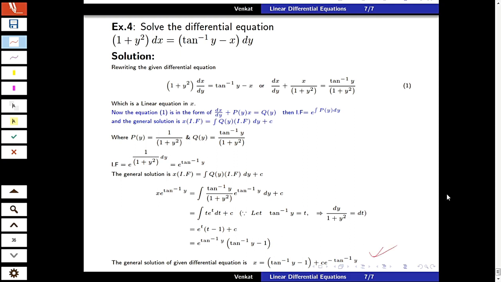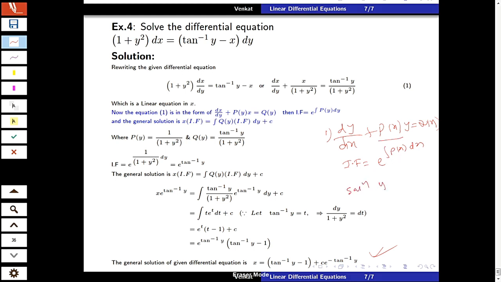That's all about linear differential equations. Remember, the form dy by dx plus p of x into y equal to q of x is linear in y. Remember this integrating factor formula: e power integral p of x dx, where whatever the quantity is multiplying y is p of x.